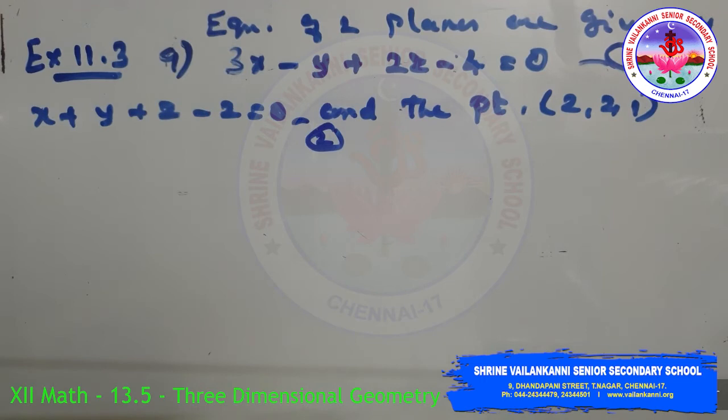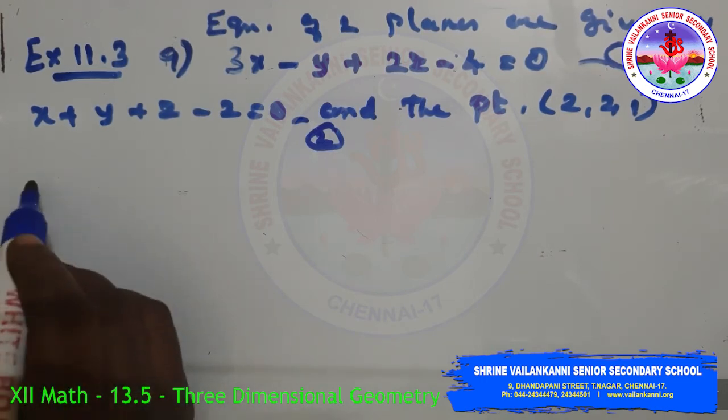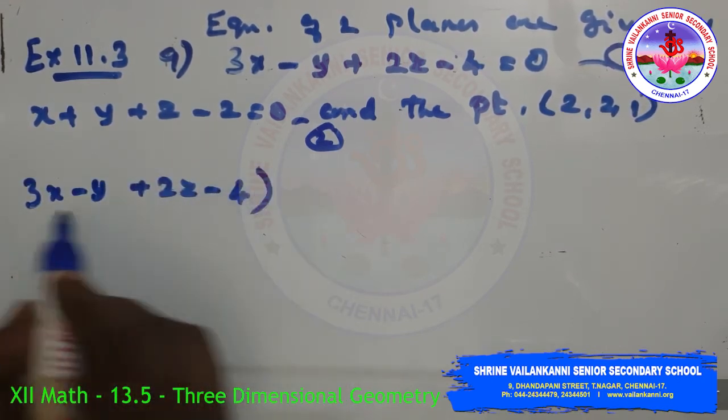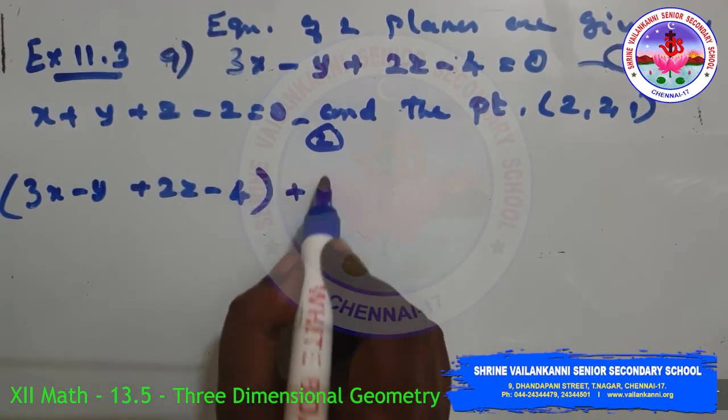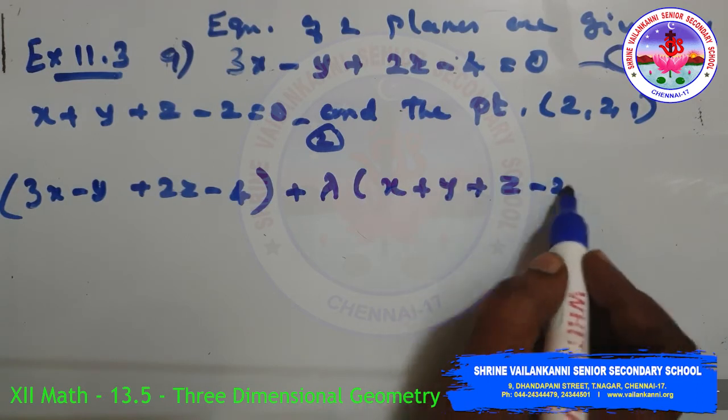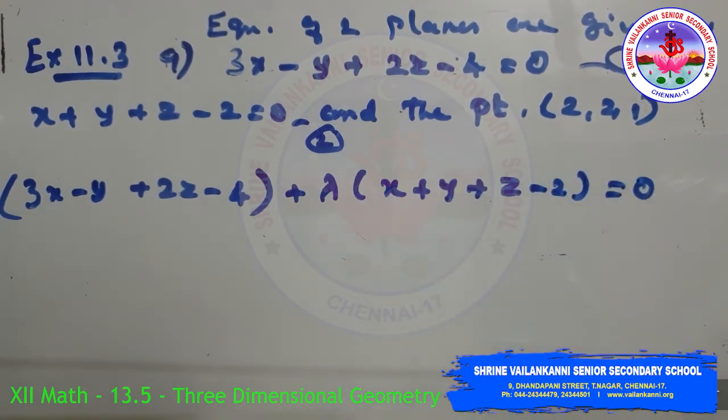So equation of any plane passing through the line of intersection of the given planes 1 and 2, we get 3x minus y plus 2z minus 4 plus lambda of (x plus y plus z minus 2), which is equal to 0.